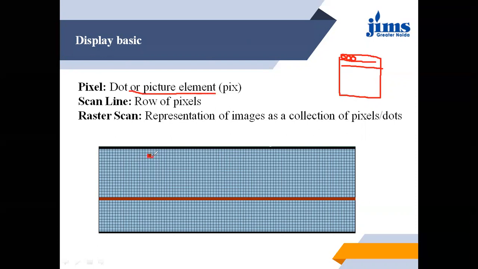It is also called a dot or picture element. A scan line is a row of pixels. When we combine the pixels in a row, it is called a scan line. So a scan line is the combination of pixels in a row.